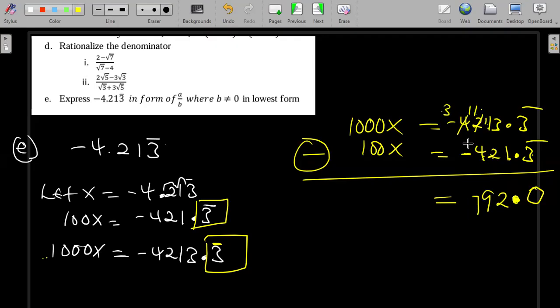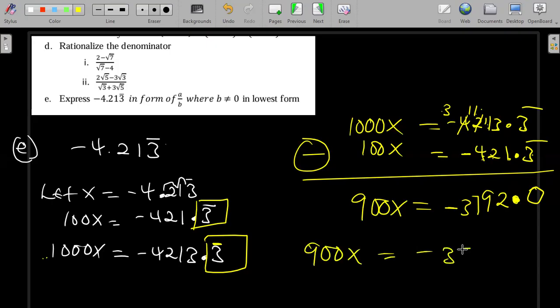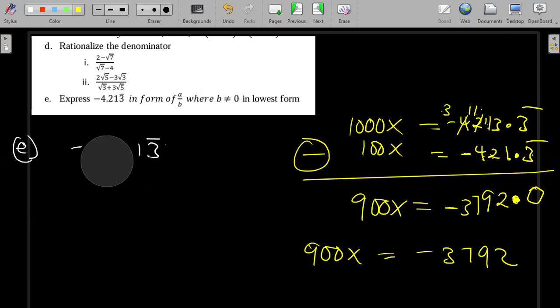And then 3 minus nothing is just 3. But this number is a negative number, so I need to add a negative there. Here it will just be 1000 minus 100, which is 900x. So what we have is 900x is equal to minus 3792.